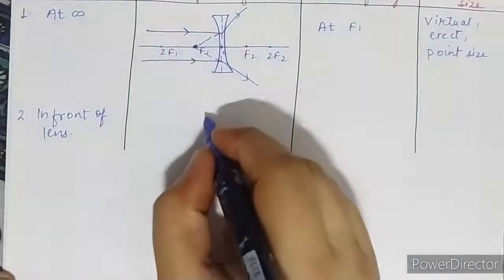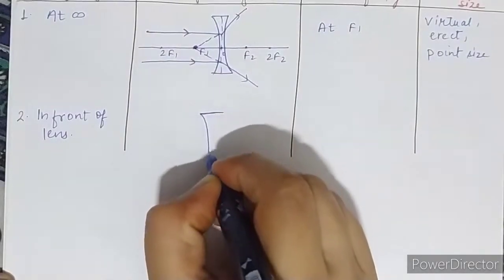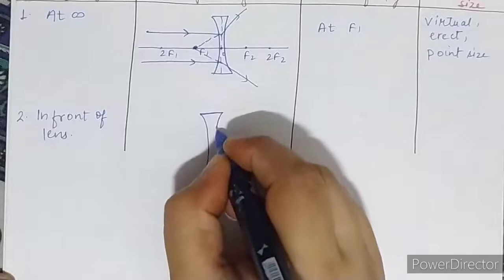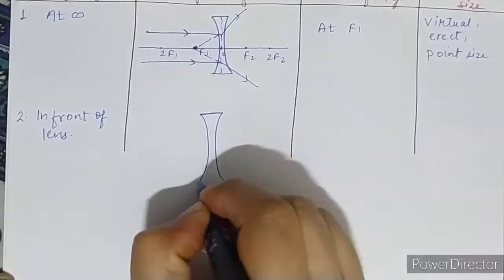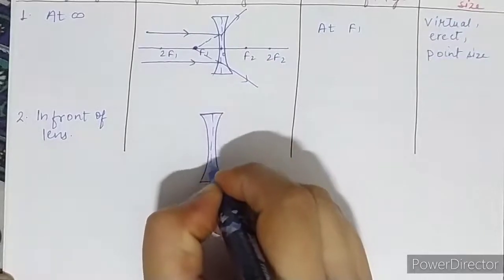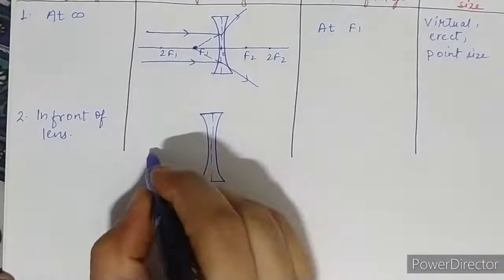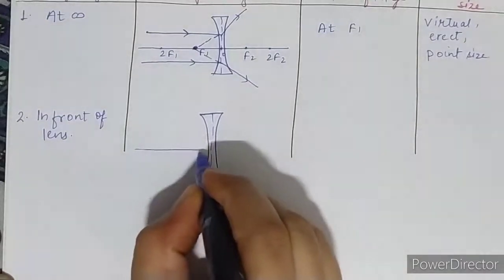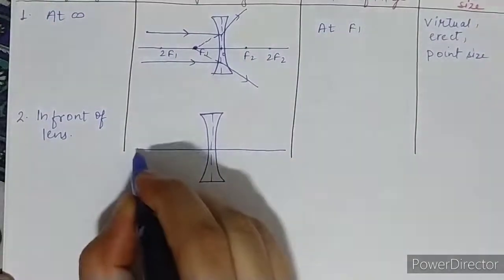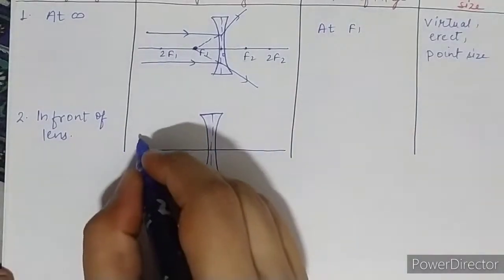So this one is your concave lens, the separation, and the principal axis, when the object is kept at any point.